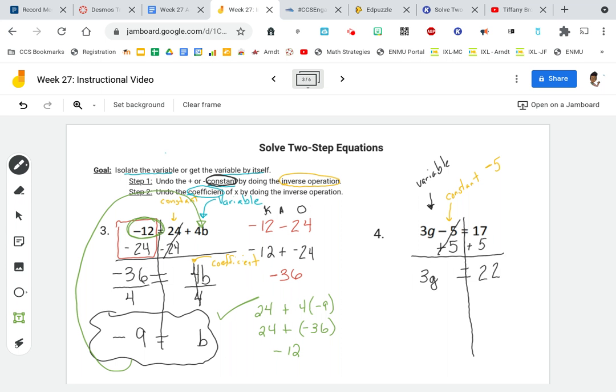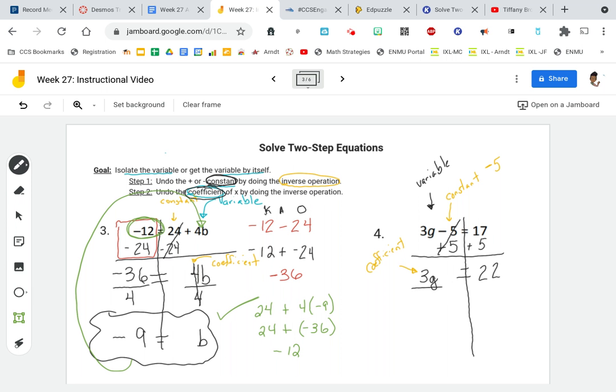Okay, and so now I need to, step 2, undo the coefficient by doing the inverse operation. Now notice right now the g is being multiplied by 3. So I have to undo that multiplication, and the opposite of multiplication is division.